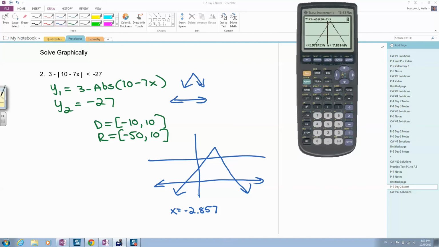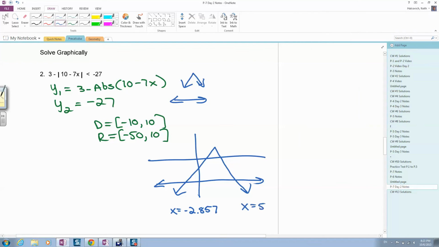Then you go second, trace, intersect, enter 3 times, and you get 5.714. So it's here and there.